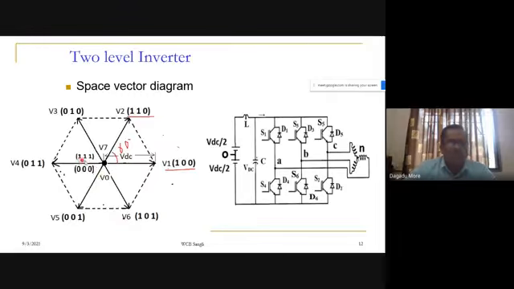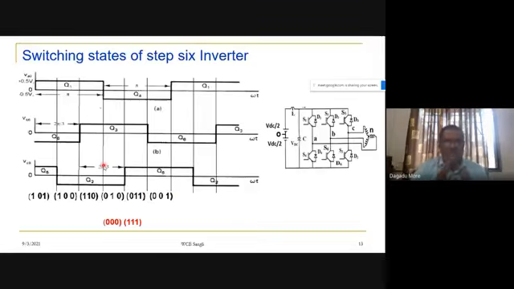Whereas 111 and 000 we call null states or inactive states, because they will not give any output voltage. Our six-step inverter has all active states, whereas inactive states we obtain in a PWM inverter, sinusoidal PWM or space vector PWM.